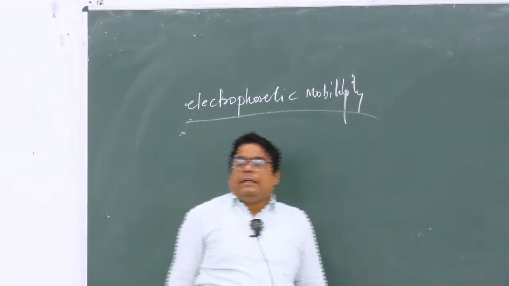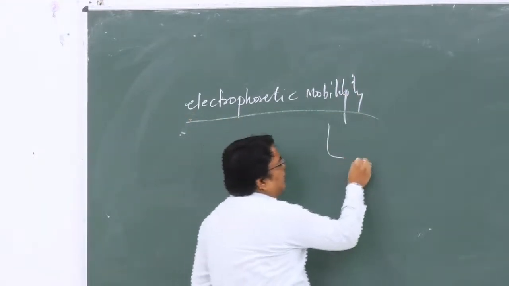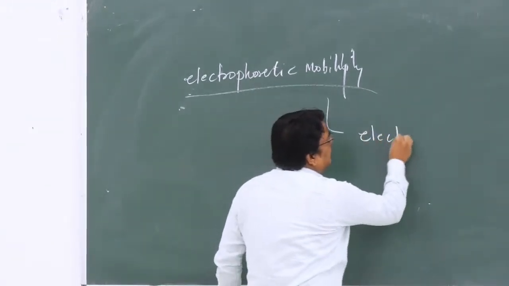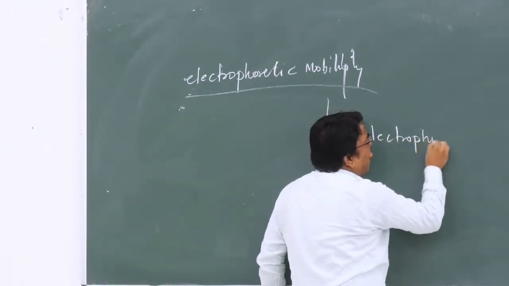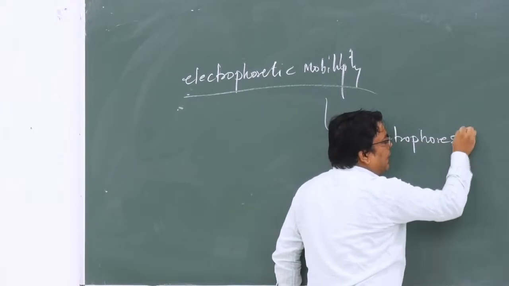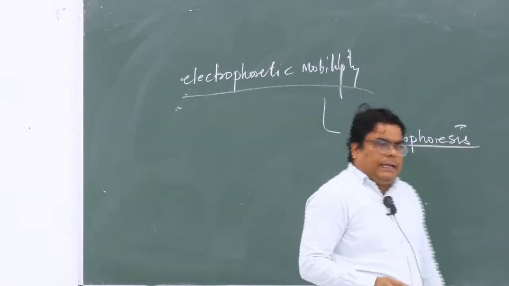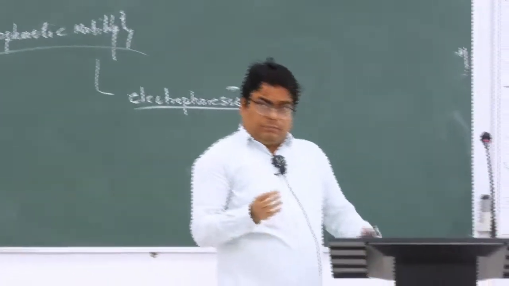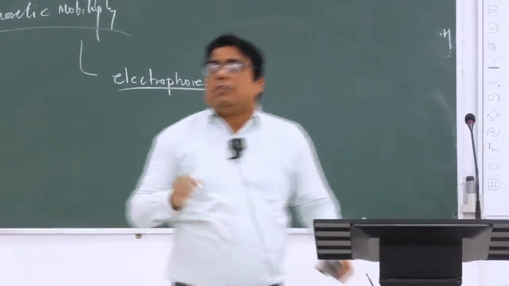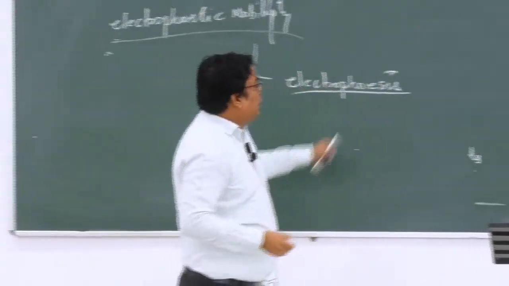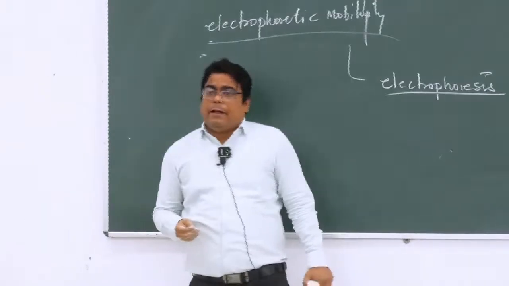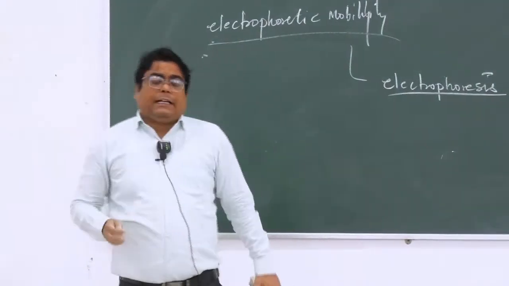Electrophoretic mobility is what? It is electrophoresis basically. This is the technique of molecular diagnosis, a molecular technique to identify a particular amino acid on different gel content.